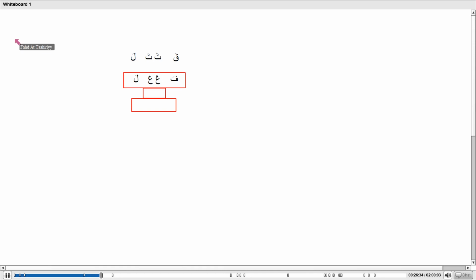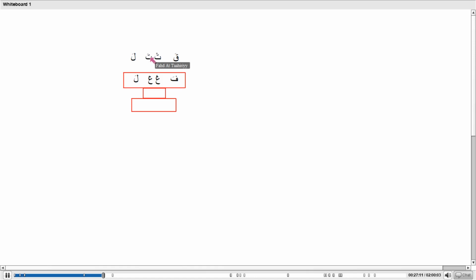Now, when a letter is doubled, in the Arabic language, when two identical letters are in a row, the first one is silent, sakin, as you can see. The second one is mutaharrik, that means it has a haraka.